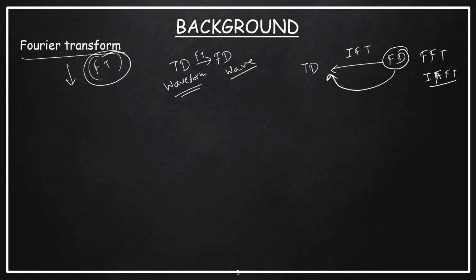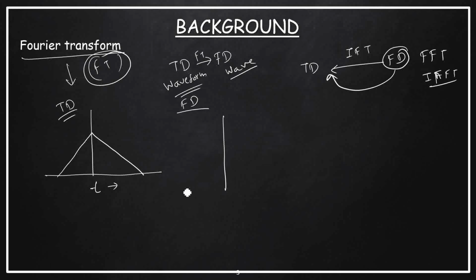Now, in case of Fourier transform, what happens? Okay. Let me give you an example. Suppose you have a triangular waveform like this. Okay, this is in the time domain, this is t, and if you convert this into the frequency domain, it will be looking like this.